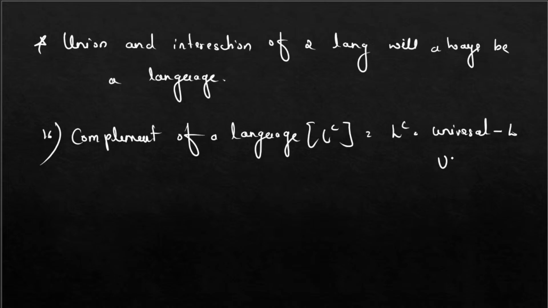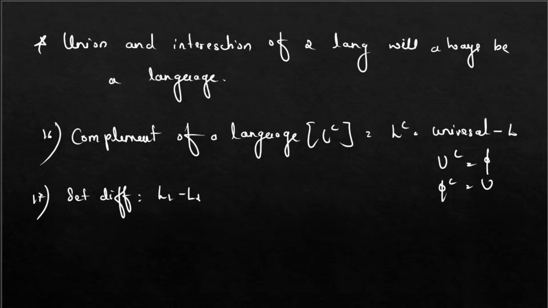So if you take universal complement, it will be phi, and if you take phi complement, it will be universal. Like this it is. Now let's discuss set difference. Set difference is L1 minus L2, which is L1 intersection L2 complement. Okay, like this. Let's discuss Kleene closure now.